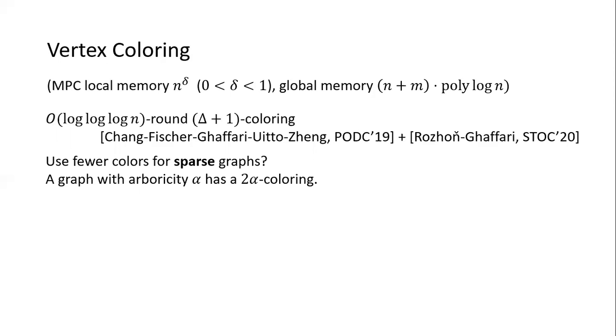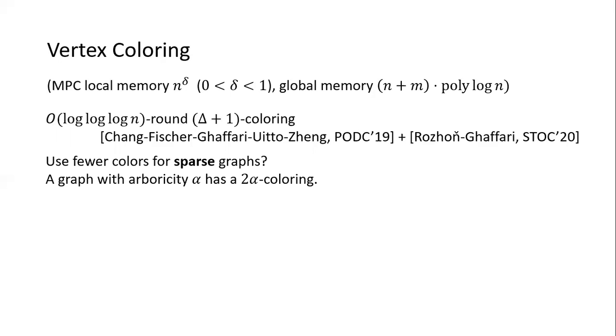For example, we know that a graph with arboricity alpha has a 2 alpha coloring. So for constant alpha, we only need to use a constant number of colors. In general, this task is more difficult than the delta+1 coloring because delta could be much bigger than alpha.